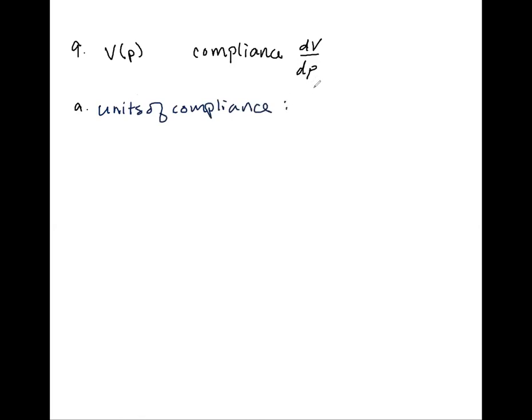So based on this table, we're going to be doing liters per centimeter of water, which is a way of measuring pressure. All right. Now, estimate the maximum compliance of the lung. So what we want here is the maximum dV/dP. How do you think that we could do that?